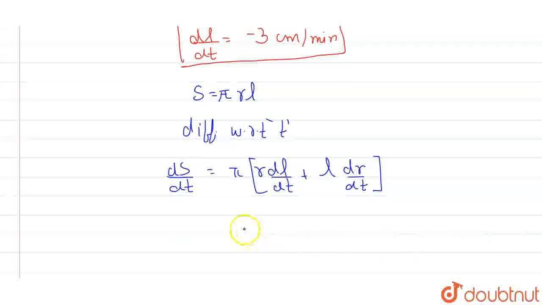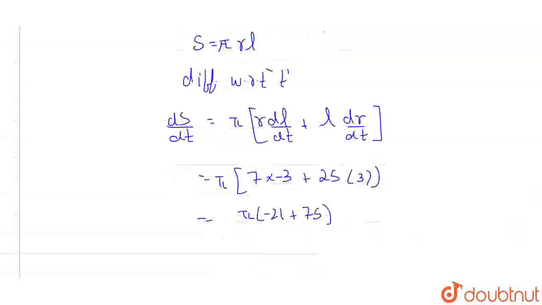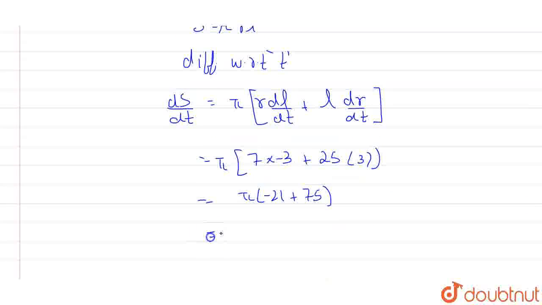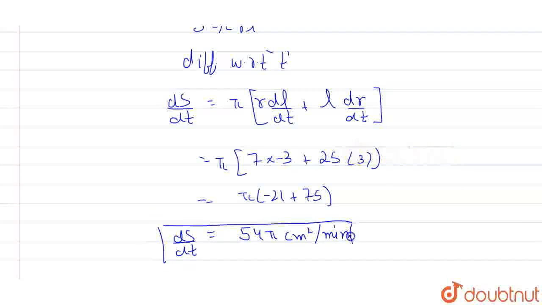So we can write them down as pi times 7 into minus 3, we just found the value of it, plus L which is 25 into 3. So this will become pi times minus 21 plus 75, which is basically 54 pi centimeter square per minute. Our ds by dt will be 54 pi centimeter square per minute.